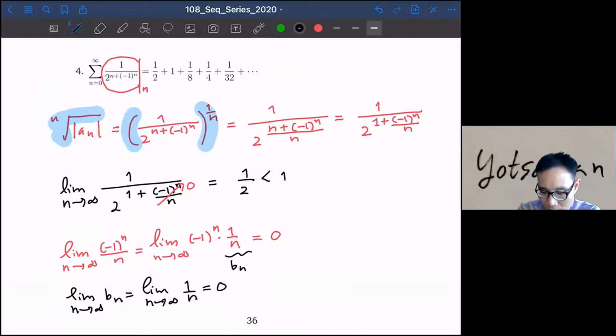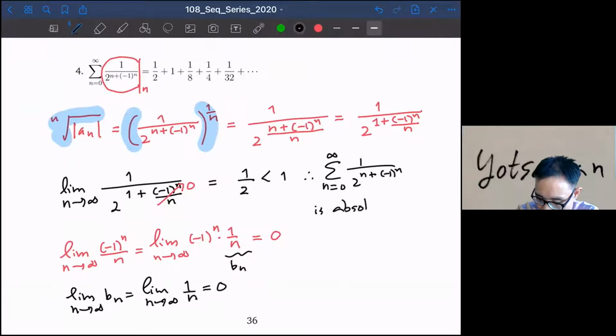So the series from n equal 0 to infinity of 1 over 2 to the n plus negative 1 to the n is absolutely convergent. So that will be the root test and the ratio test.